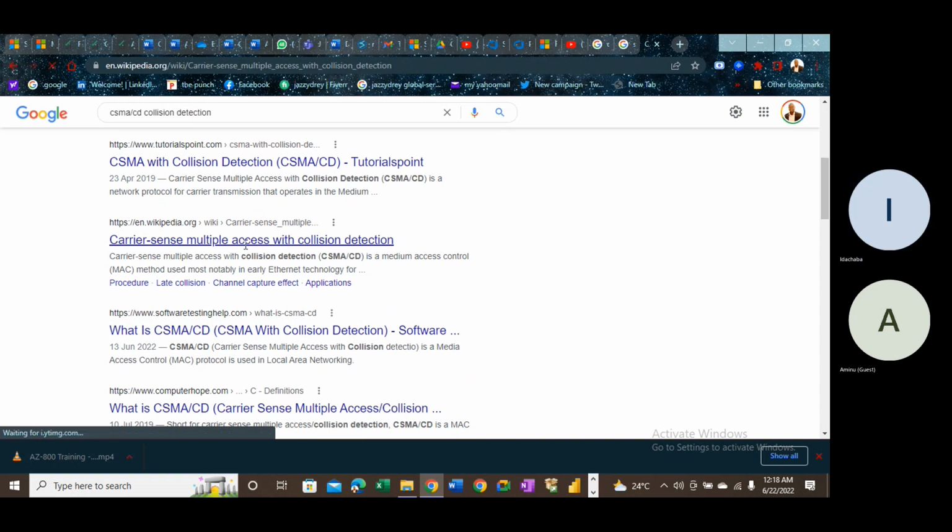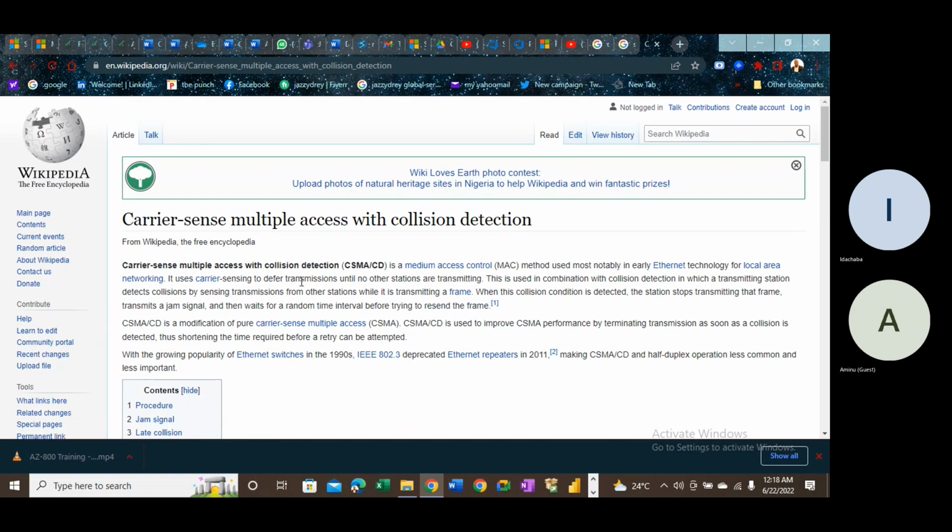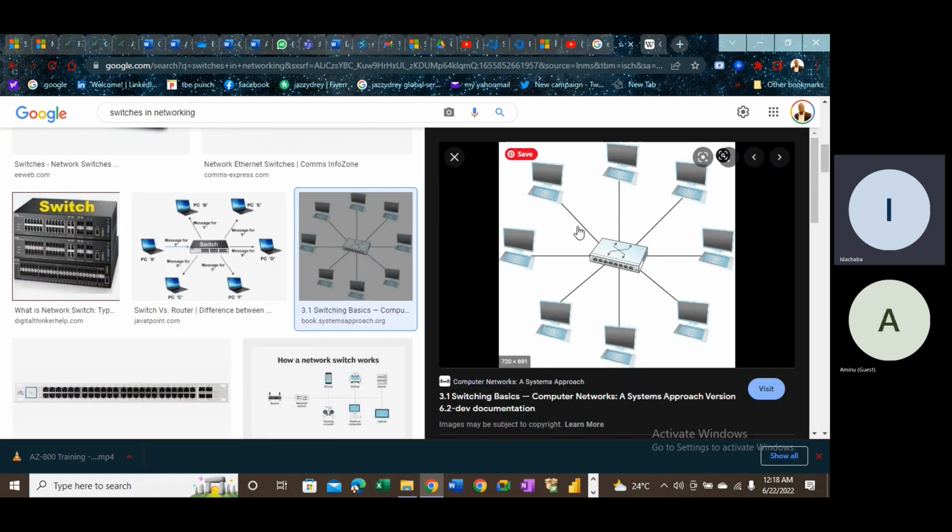CSMA/CD: carrier sense multiple access with collision detection. They are saying that CSMA/CD is a medium access control (MAC) method used mostly in the early internet for local area networks. You already know your local area network.